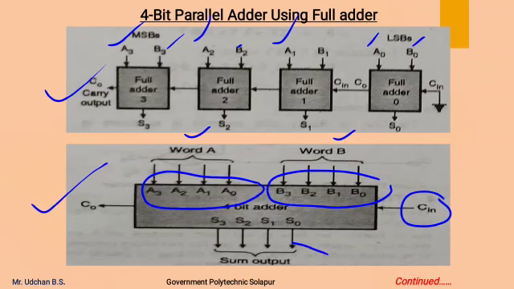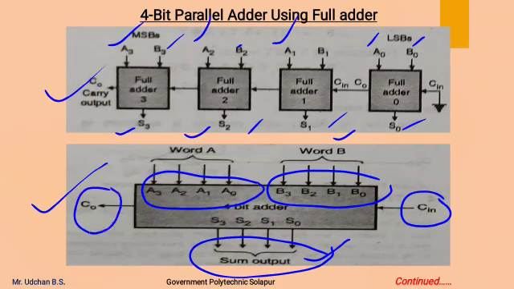After addition, we get this sum output. S3, S2, S1, S0 are written together, and after addition we get the final carry also. So these two are equivalent with each other.